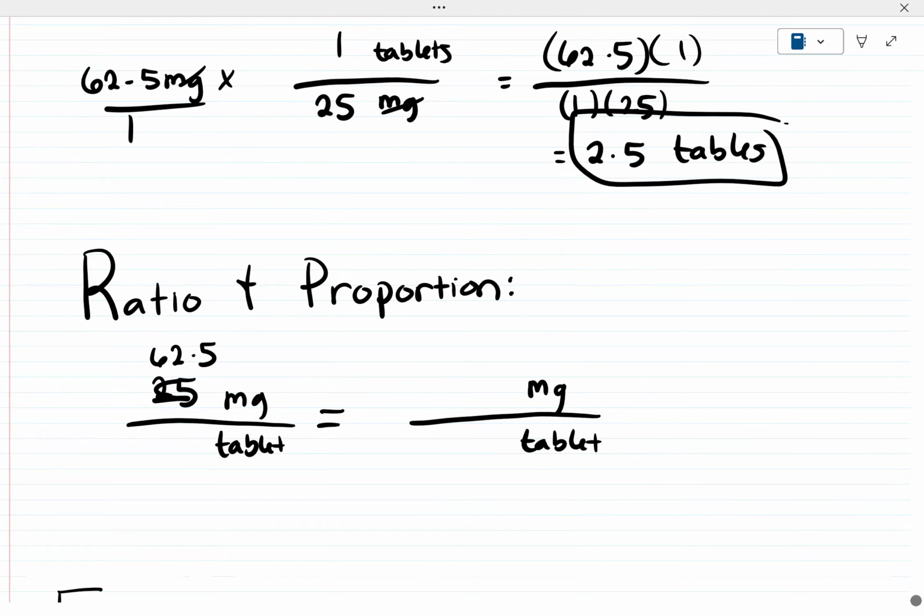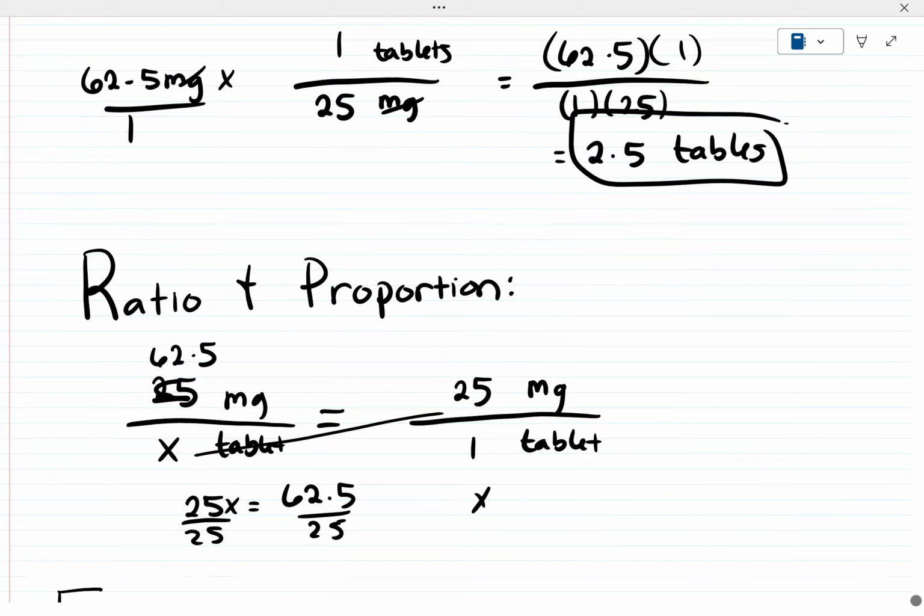It's the same, it won't be wrong. So our desired was 62.5 milligrams. We don't know how many tablets. And our availability is for one tablet, there is 25 milligrams. Go ahead and cross multiply. So this is going to be 25x equals 62.5. Divide this by 25, and you get 2.5 tablets.